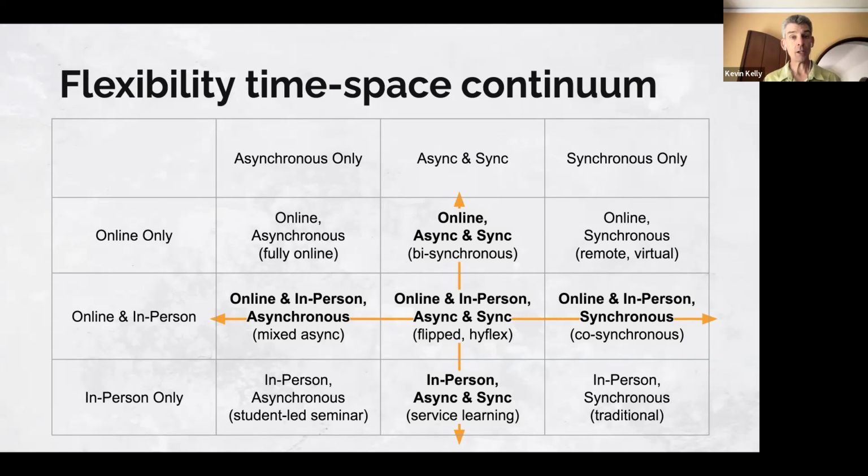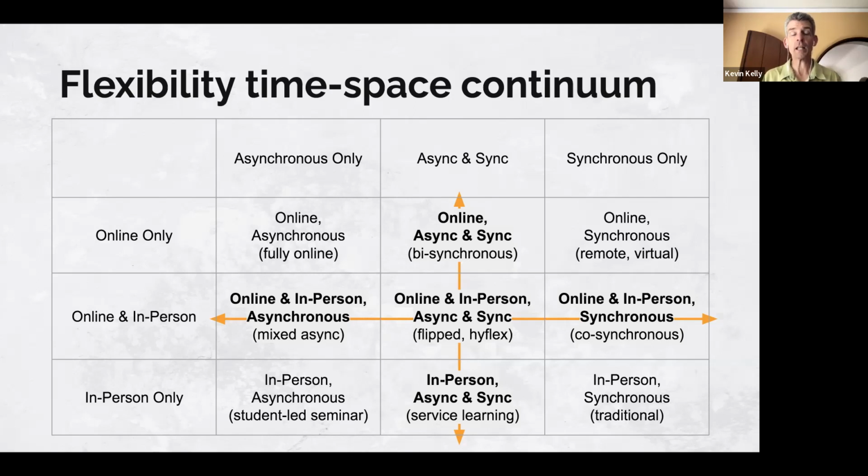And there you go. In the bottom center box, we see in-person courses that are both asynchronous and synchronous. This might be something like a service learning course where there are in-class components and then student scheduled aspects of the experience where they're working in the community or virtually to support some service learning organization.